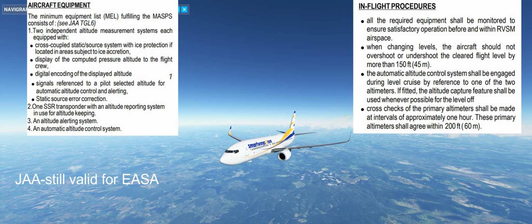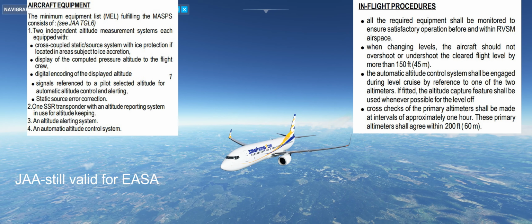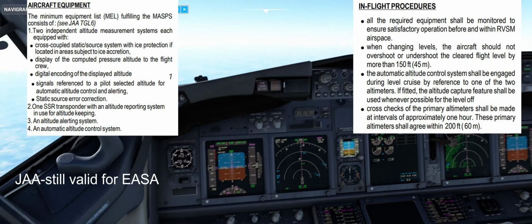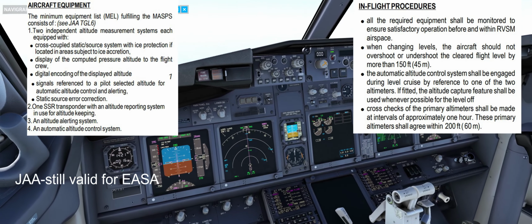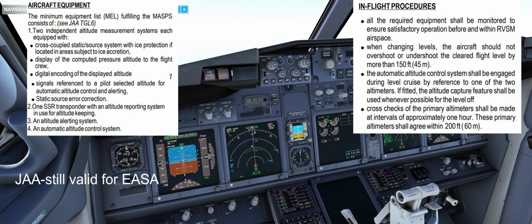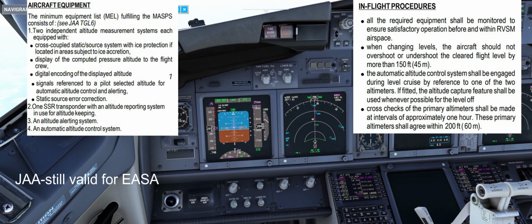And what is the alerting system? For example, as you can see, we are below RVSM airspace, and now we can enter the RVSM airspace. So we put flight level 290 and we put it via vertical speed, just like now, in order to start the airplane climbing, and you hear the sound.